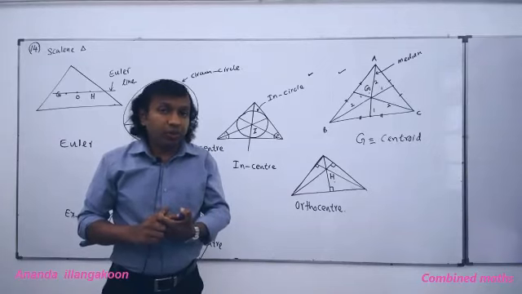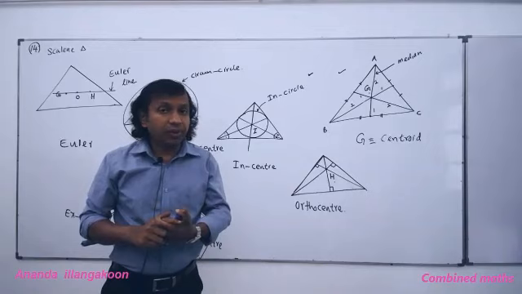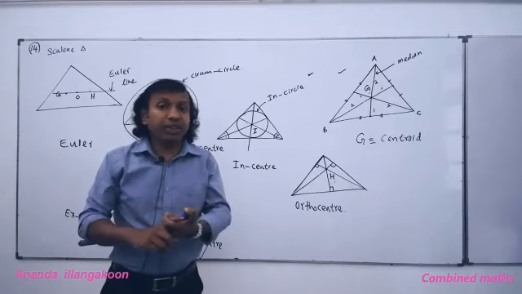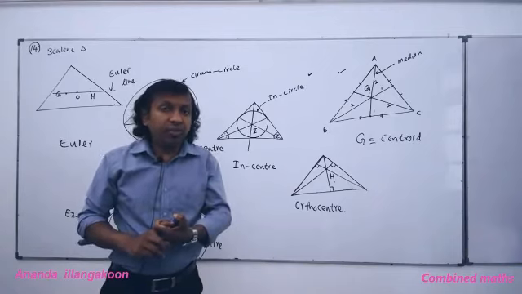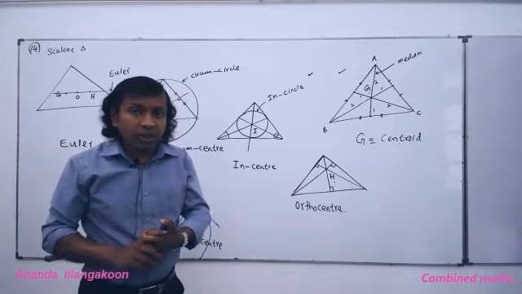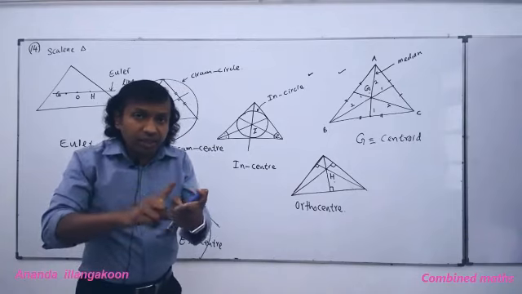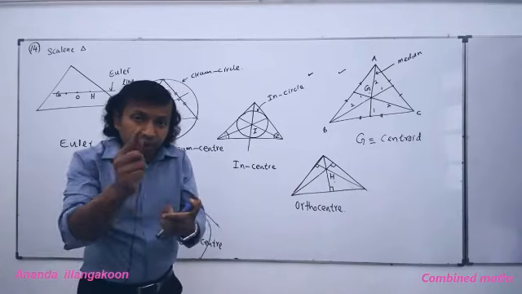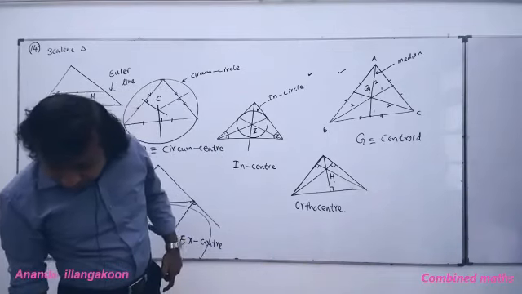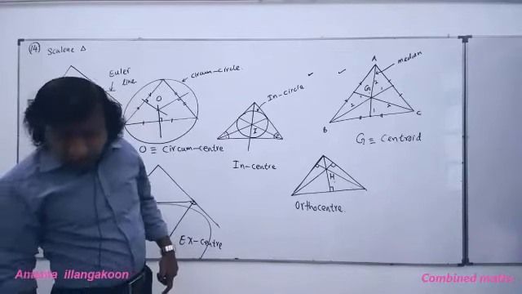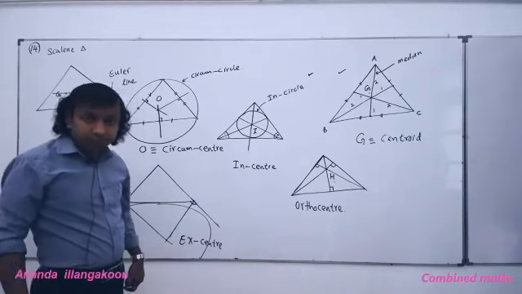Concurrent means all those lines pass through a point, they meet at a point. Then here, show that the three medians are concurrent. Concurrent means that the three medians meet at a point, or they pass through a point. So that is the first one, no? Right, so then we'll prove this way.